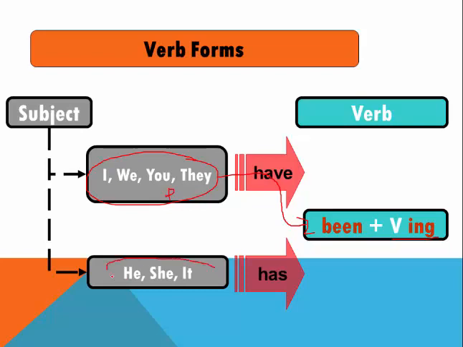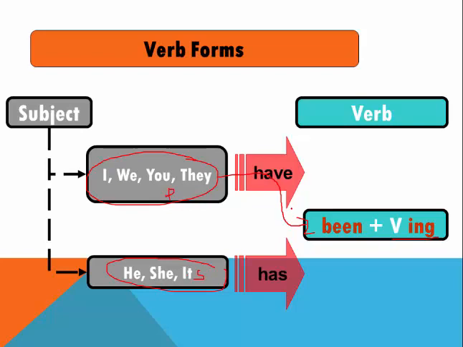This is case two: he, she, it, and singular. So he has been living in this town for 2 years. She has been learning the guitar for 2 hours. So I, we, you, they, and plural: have been plus ing. He, she, it, and singular: has been.